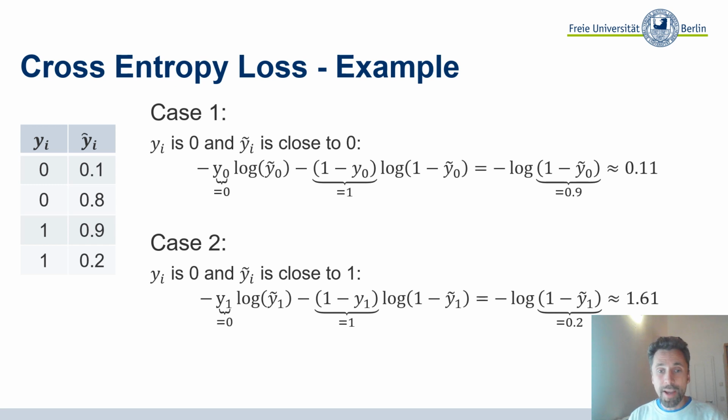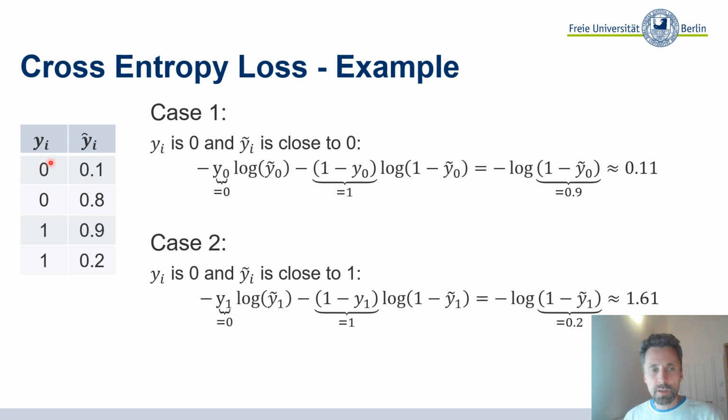Let's go through a quick example of cross entropy loss. We have 4 different samples here, outputs of our model y hat, and the corresponding real labels. You could review this, and I'm not going to do this step by step in the video, but you can stop and see if we did it correctly.